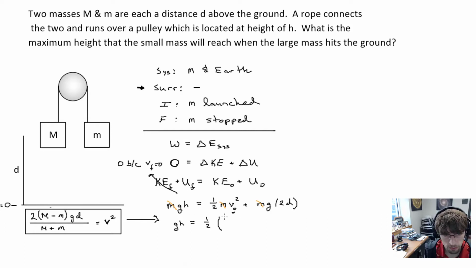If I can actually do this. 2 times m minus m g d. That whole quantity divided by m plus m. Plus 2gd.